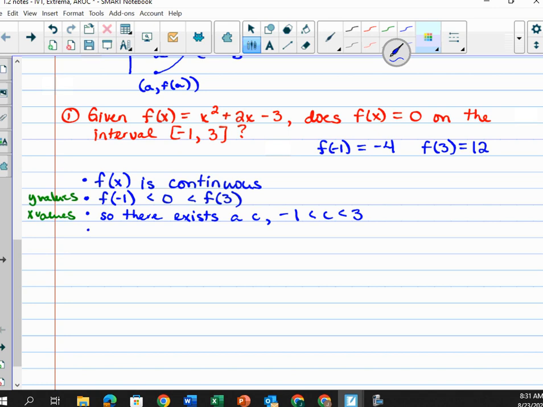All right, next bullet point, such that f of c equals 0. And then your last one is just by the IVT.